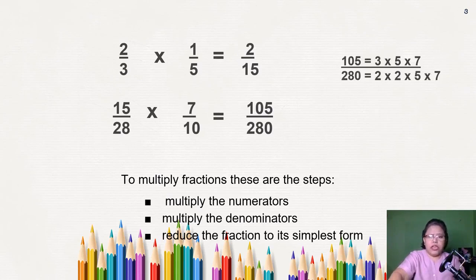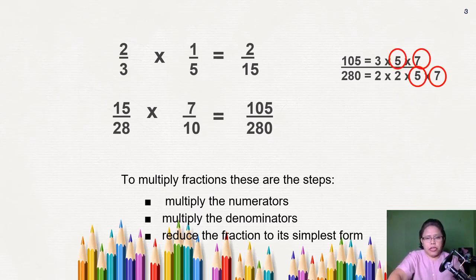To find the GCF, factor out natin. So, we have 105 is equal to 3 times 5 times 7. And then 280 is equal to 2 times 2 times 5 times 7. Hanapin natin yung common sa dalawa. So, that is 5, isang 5, at saka isang 7.